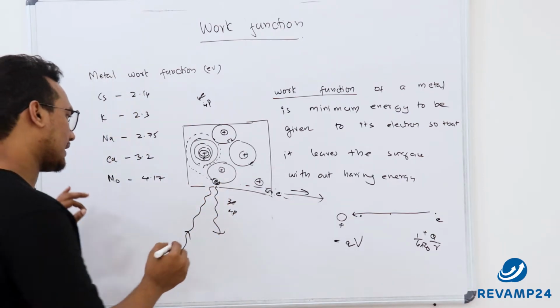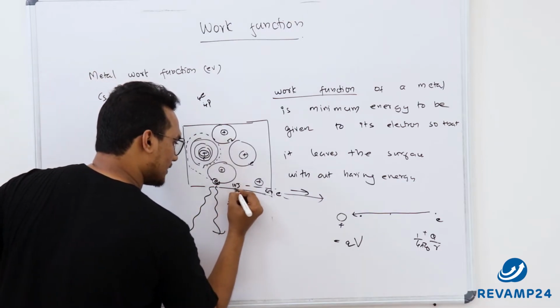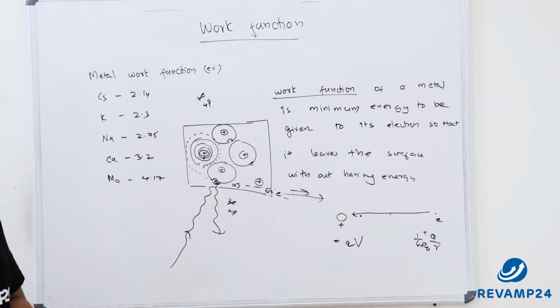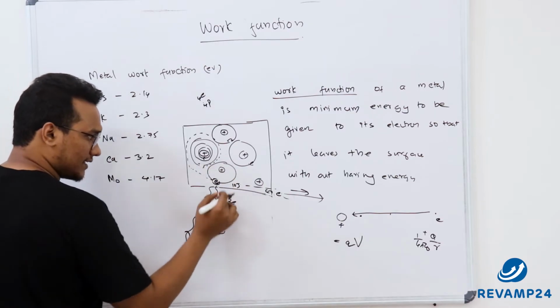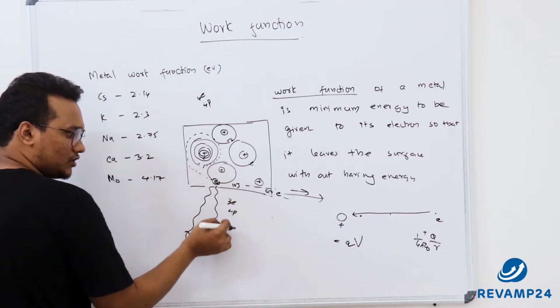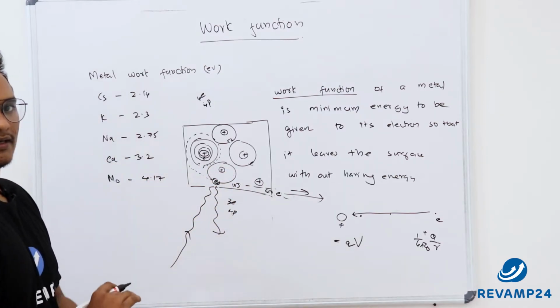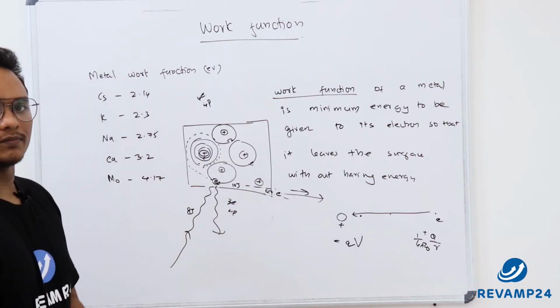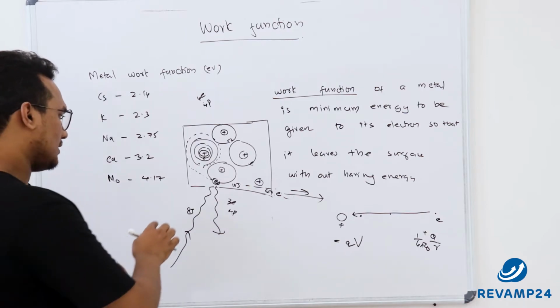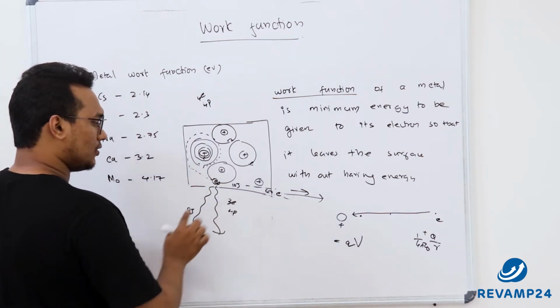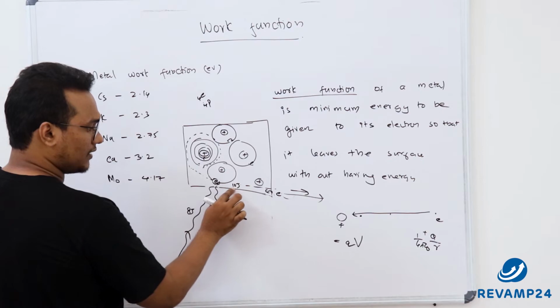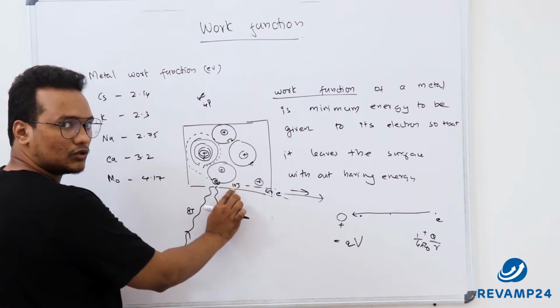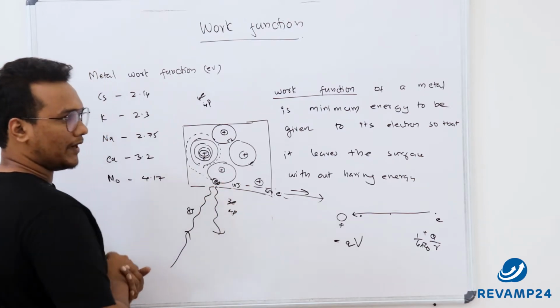Now let's say, for example, this requires 10 joule of energy. Only electrons with 10 joule of energy can move out of the metal surface. Now if the radiation has only 8 joule of energy, will this process be possible? No, because this will get only 8 joule, and 8 joule is not sufficient to raise its energy to 10 joule and break the potential barrier.